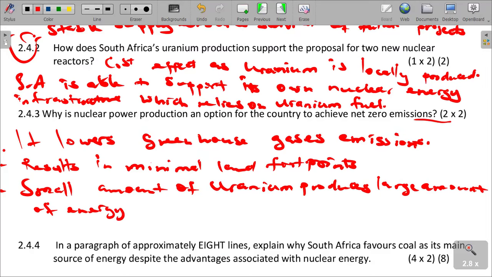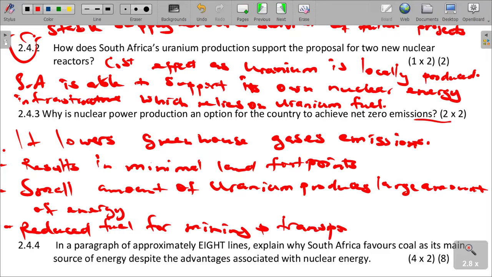And then lastly, I can also say that it reduces the fuel for mining and transportation.